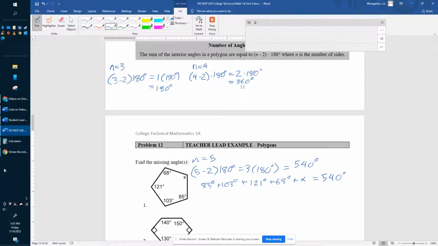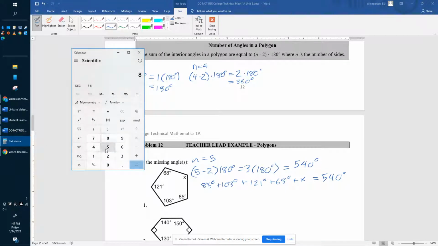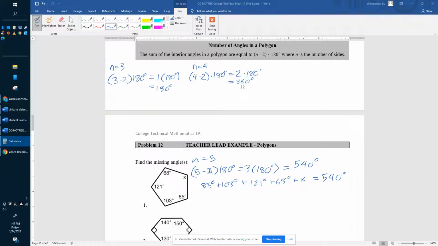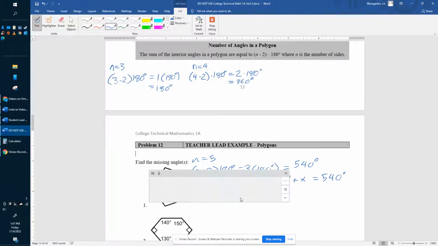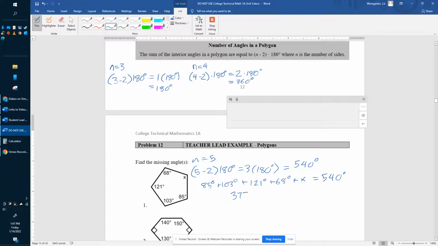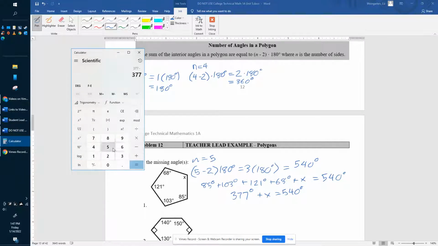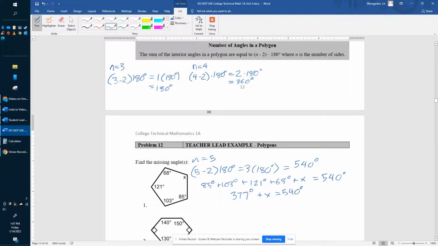So let's combine our like terms. 85 plus 103 plus 121 plus 68 equals 377. So let's subtract. We get x equal to 163 degrees.